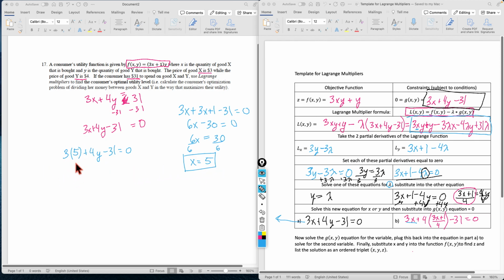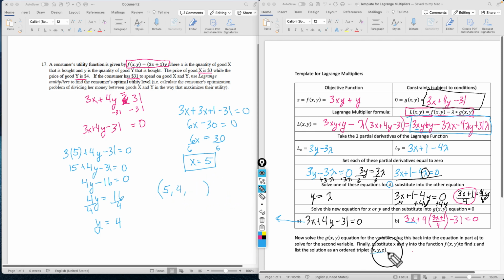And so now we take 3 times 5 is 15, plus 4y minus 31 equals 0. 15 minus 31, that's going to be 4y minus 16 equals 0. Add 16 to both sides. 4y equals 16. Divide both sides by 4. Y equals 4. So far we've got the point 5, 4, and then z.